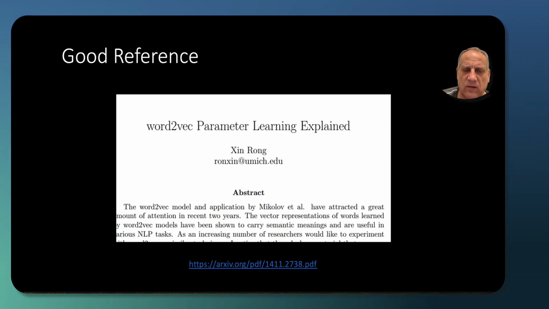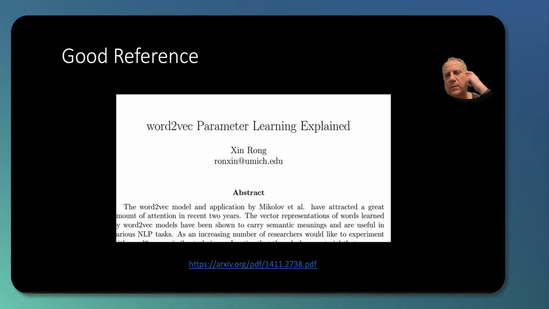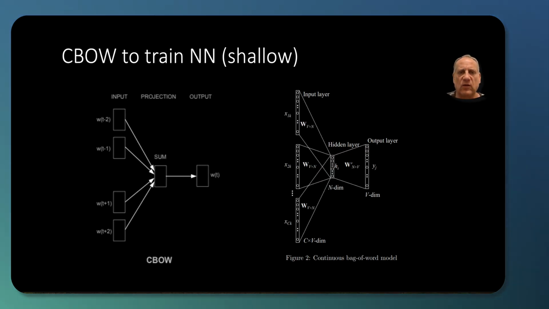So again, this is not the original paper, but this is a really good paper to explain how word2vec works. There's two models. One of them is the CBOW model, which I'm going to describe now, and then there's another one which is called a skipgram. It's a shallow neural network. It's not a deep neural network.